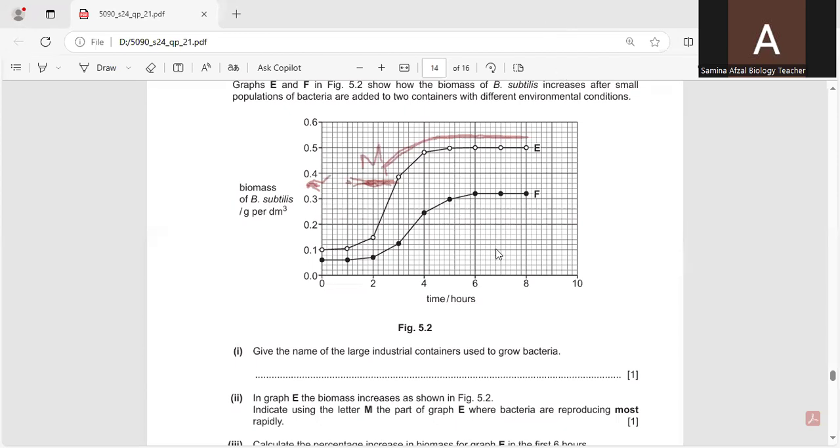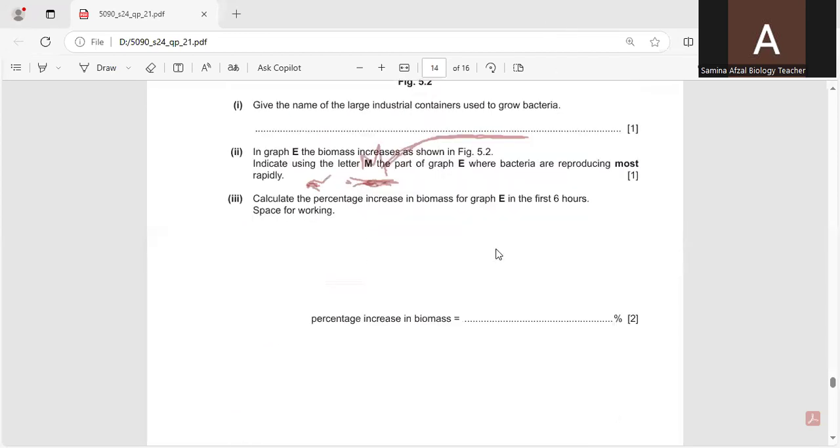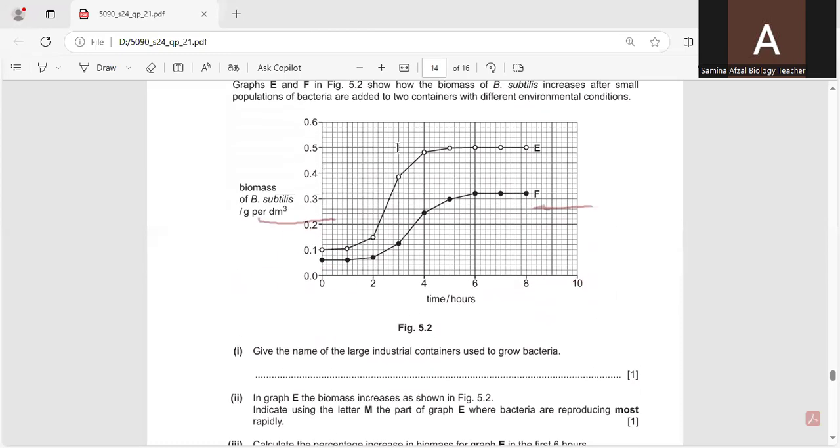Now the next question. Calculate the percentage increase in biomass for graph E in the first 6 hours. Space for working. So we have to move towards the graph to find out the answer.